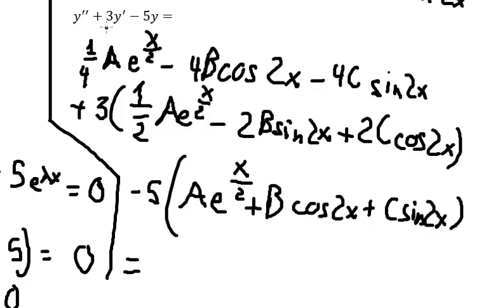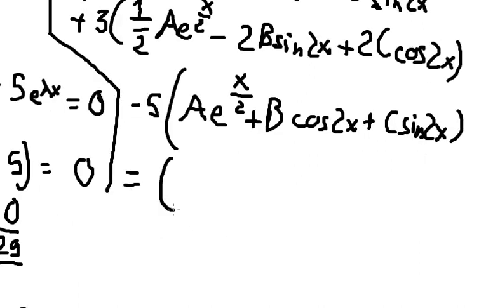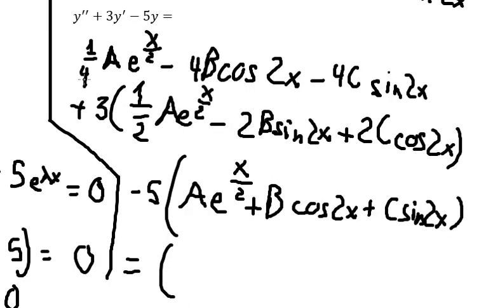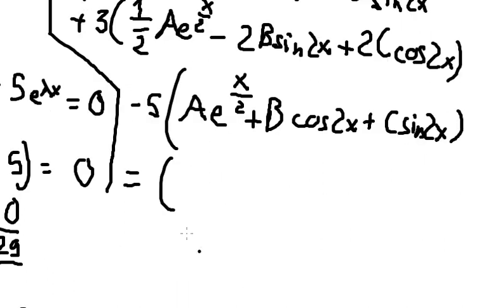So we simplify and combine the terms in e to the power of s over 2. So this one, we have 1 over 4 A, 3 over 2 A, negative 5A. We got negative 13 over 4 A e to the power of s over 2.